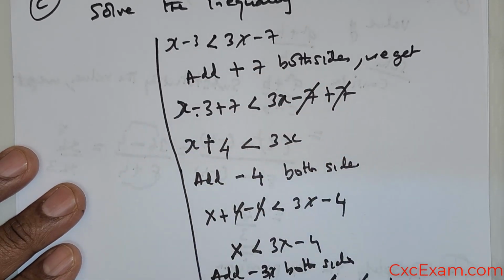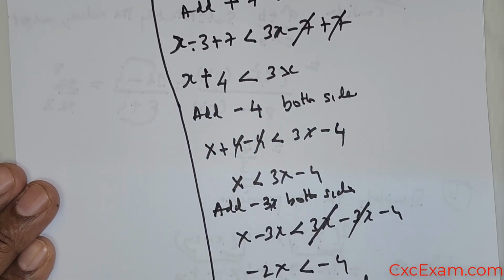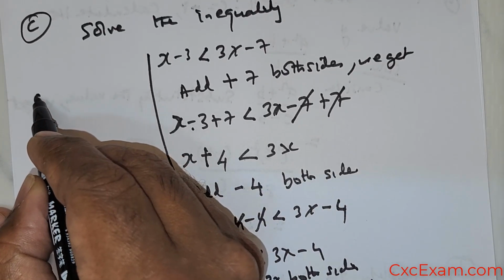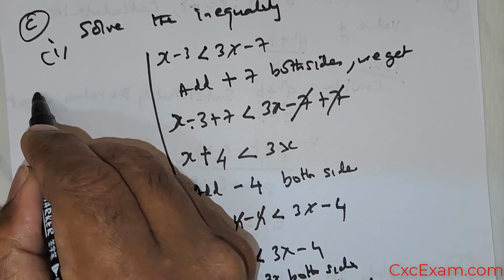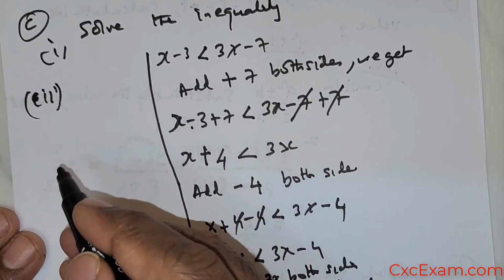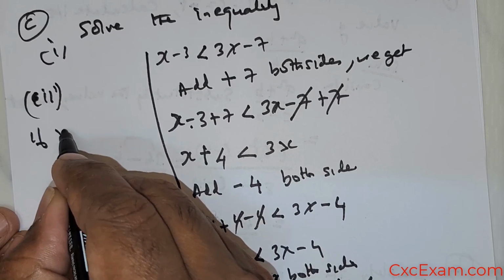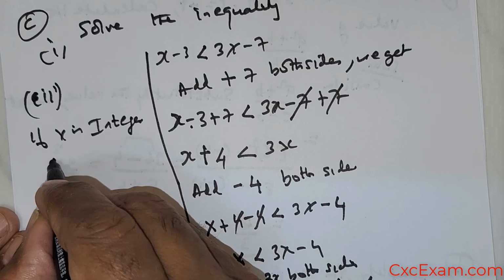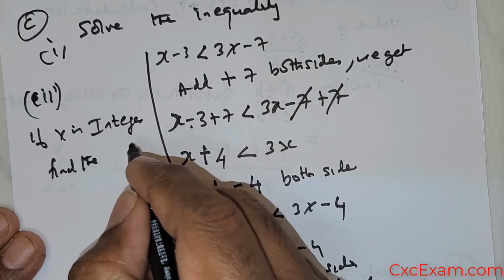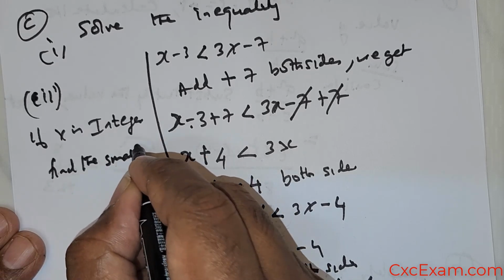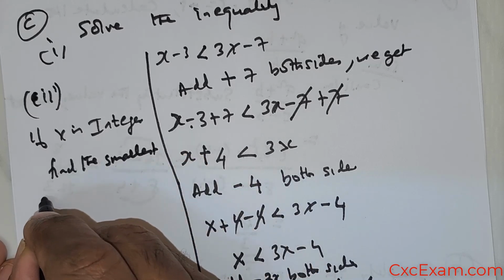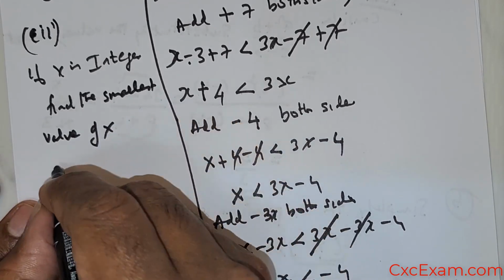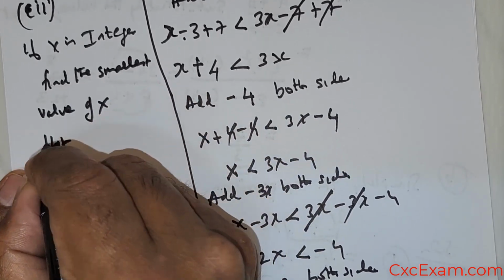Okay, now having given you that information, we are asked to find, if x is an integer. This is part 1 of C, and you have part 2 for C. It states like this: if x is an integer, find the smallest value of x that satisfies the inequality above.